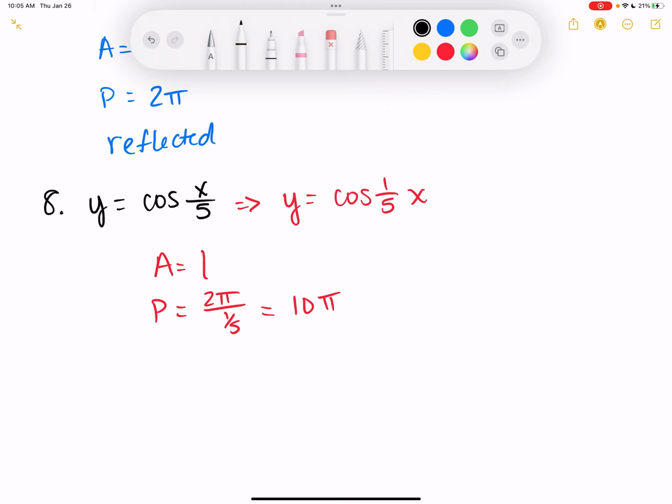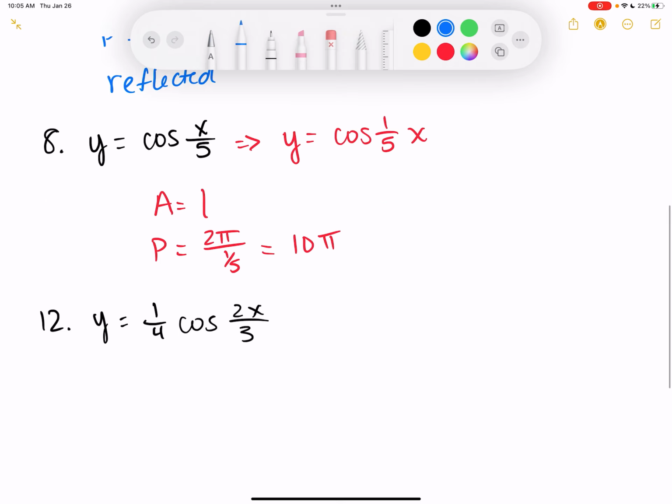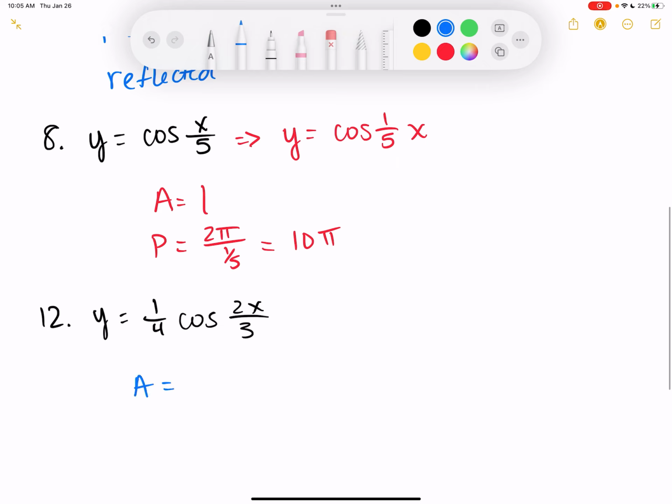Let's see. 12. Y is equal to 1/4 cosine of 2x over 3. So amplitude, 1/4. Period, how do I set it up?